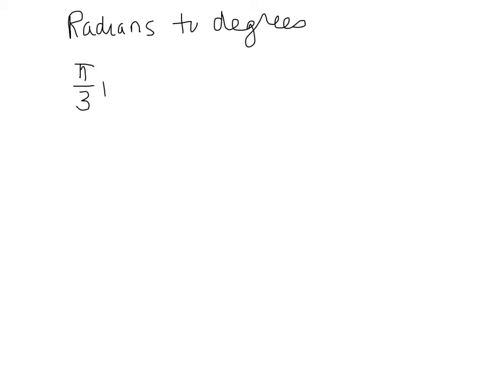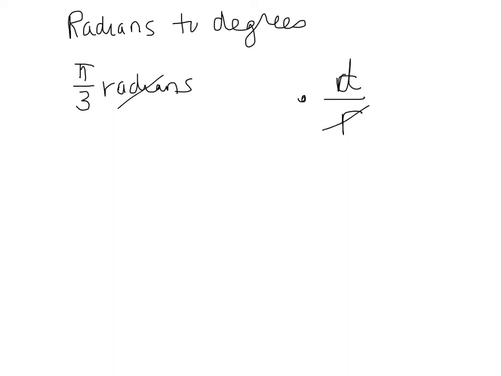Now, if I want to go from radians to degrees, then I would start with radians. So say I have pi over 3 radians. Then I want to use the conversion that has degrees over radians, because I want the radians to cancel out.